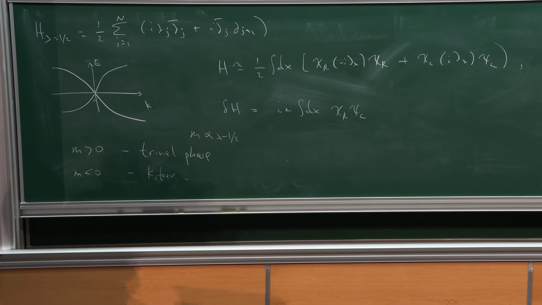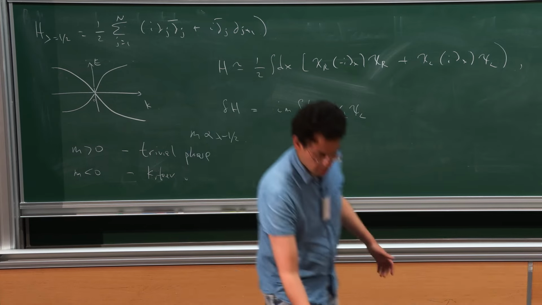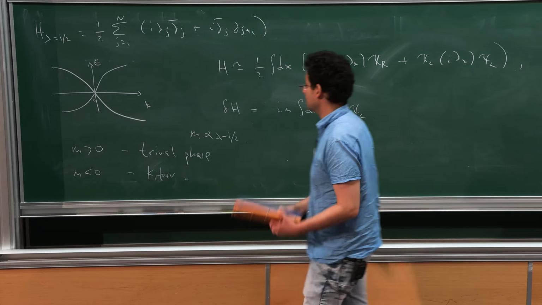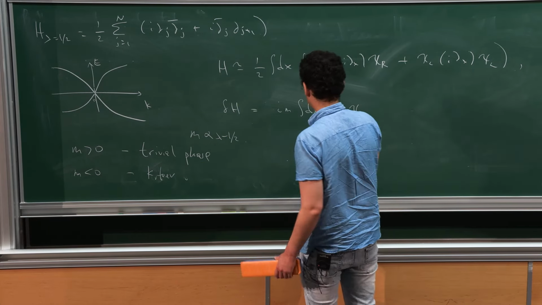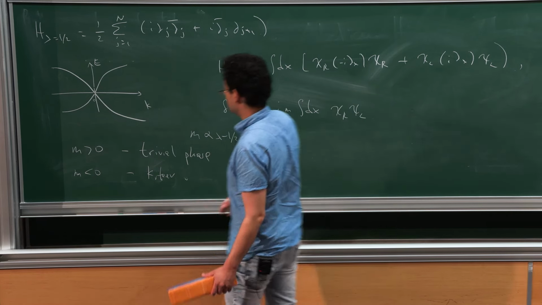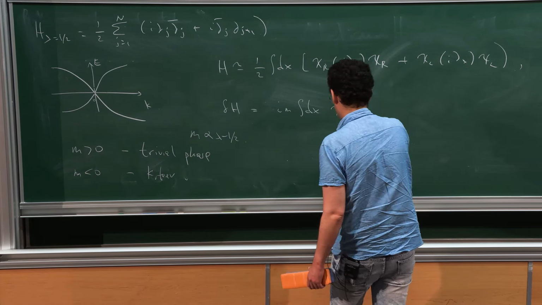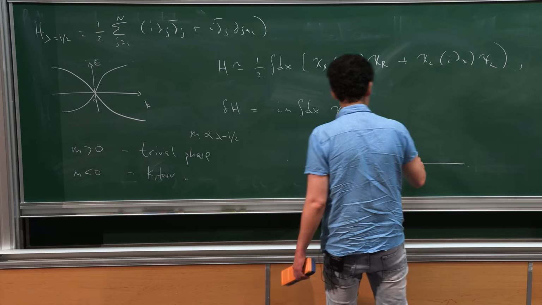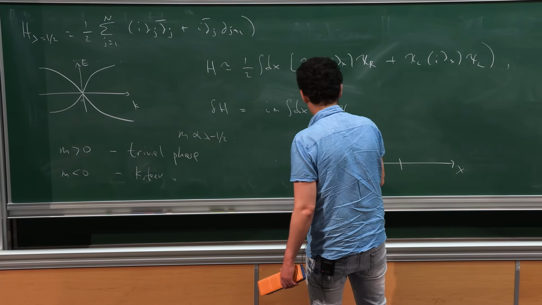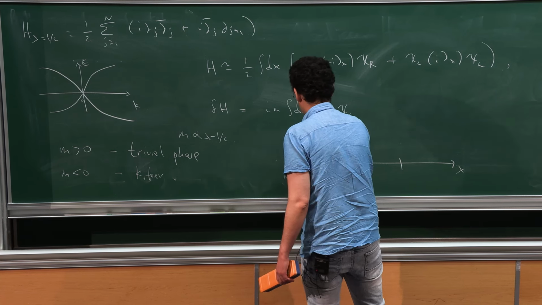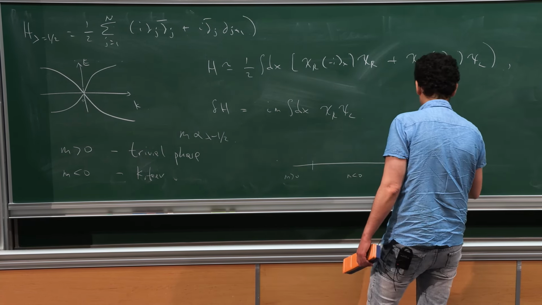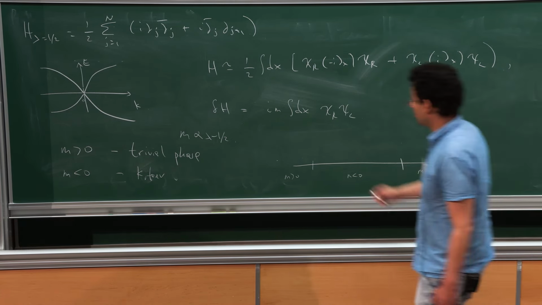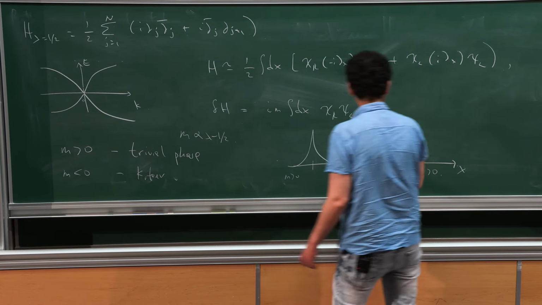Okay, so this is the bulk spectrum. Now you can show that if you create a spatial interface between this trivial phase and the Kitaev phase, so let's say this is x, this is m less than 0 and m greater than 0 here, then while in the bulk everything is gapped, on the boundary you'll have Majorana modes.